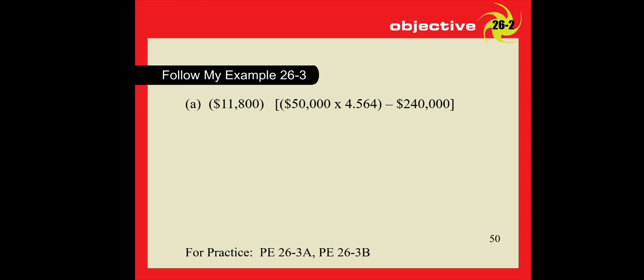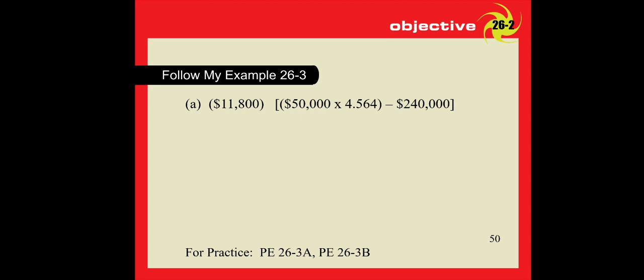So to answer this question, when you want to calculate the net present value, remember the net present value is initial investment, which is negative 240,000, and then you calculate the present value of the 50,000 for 7 years at 12% interest.